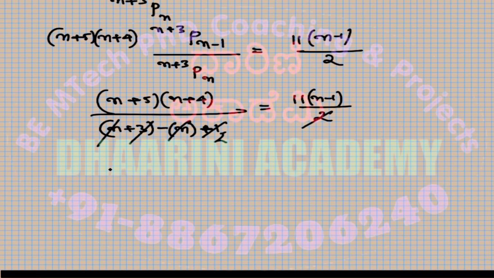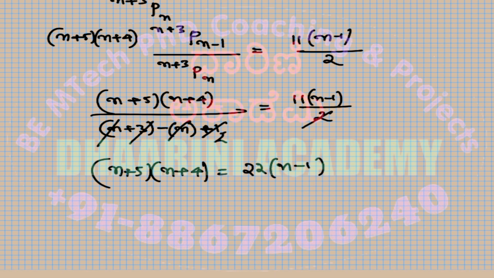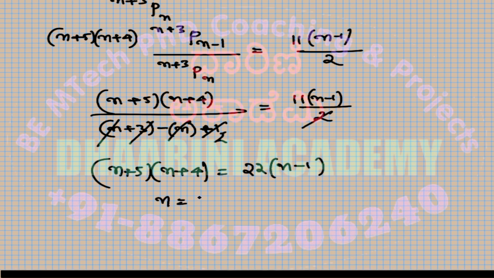So my final equation is (n+5)(n+4) equal to 22 times (n-1). Now you see it is a very simple format. Just solve this equation and find the value of n. Upon solving this, we find that n is equal to 6 or n is equal to 7. So 6 and 7 is the right answer.